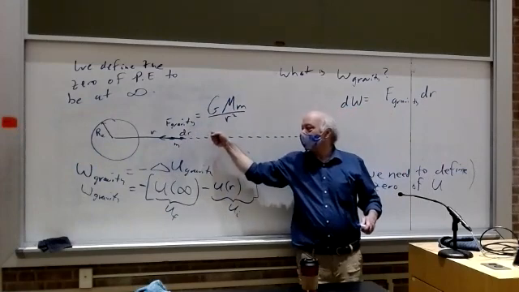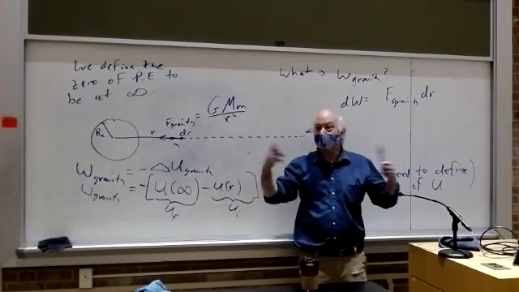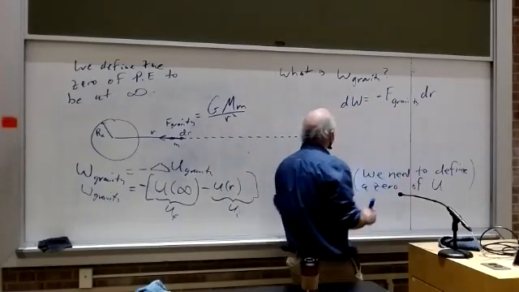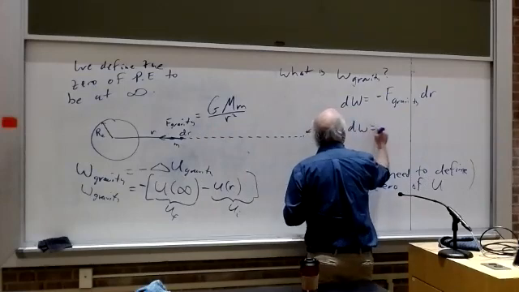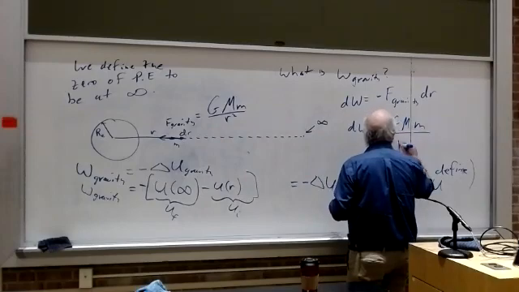I'm pulling it this way, but what's gravity doing? It's pulling that way, so it's doing negative work. So this is going to be negative work here. So this tells me that this dW is minus big G, big M, little m, over r squared dr.